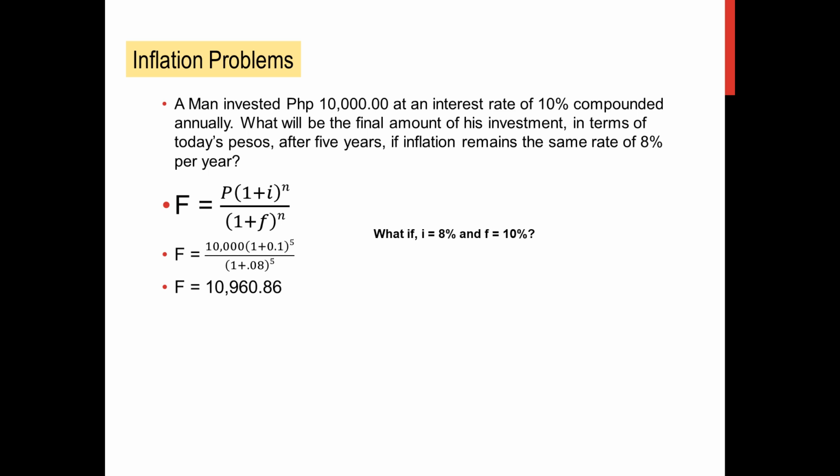What if we interchange? I'm going to set my i to 8% and f equal to 10%. Notice that the inflation rate this time will be greater than i. Applying our formula, we will find out that the future worth decreased over 5 years because the inflation rate is greater than the interest rate.